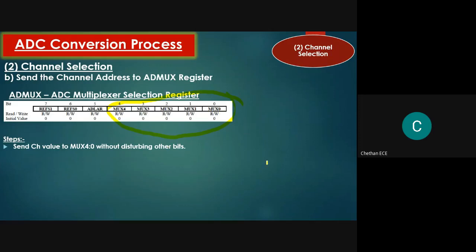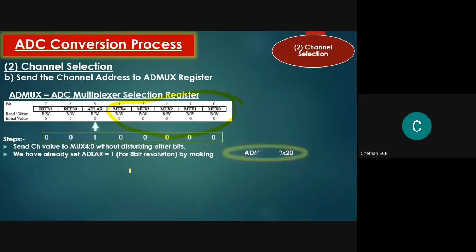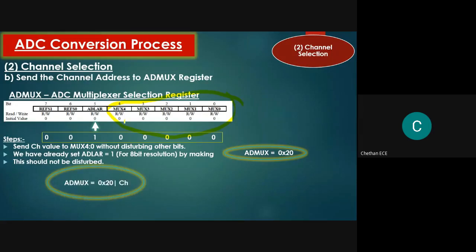The address can be sent using bit numbers 4, 3, 2, 1 and 0. We have a 5-bit address for each channel that should be programmed to this ADMUX without disturbing other bits in the ADMUX register. Let's see how we can do this. ADMUX was 0x20.